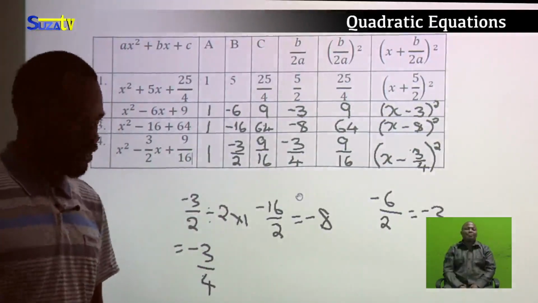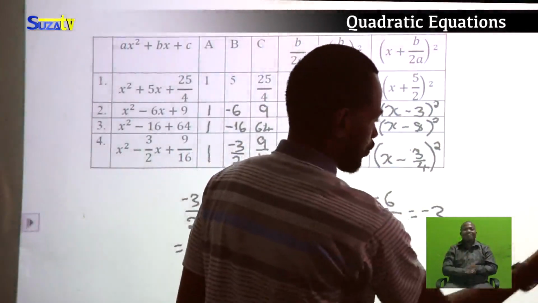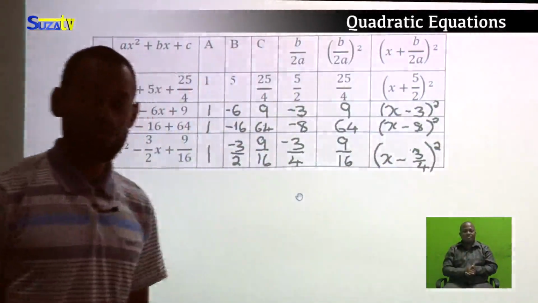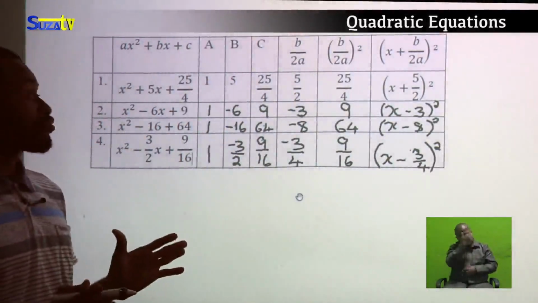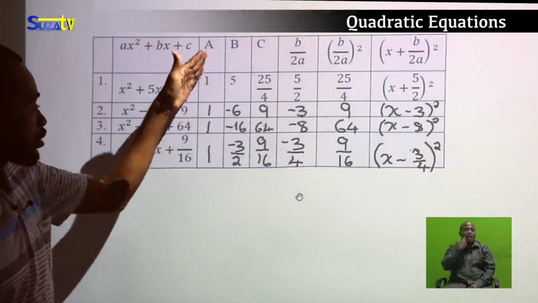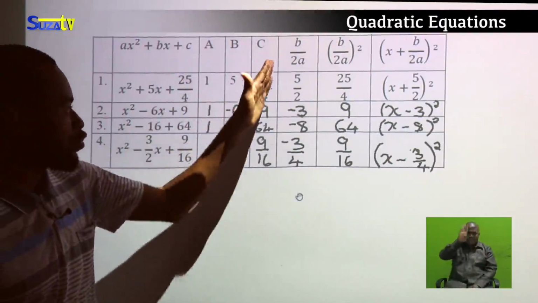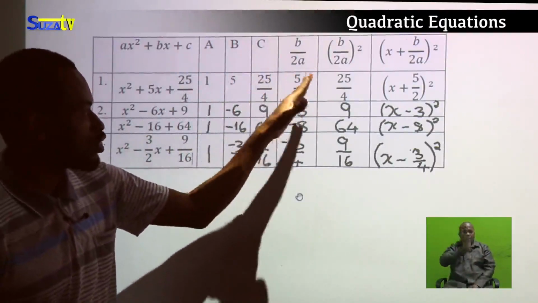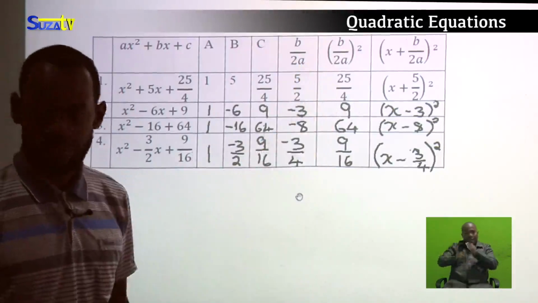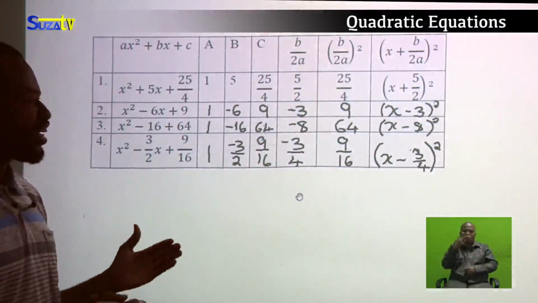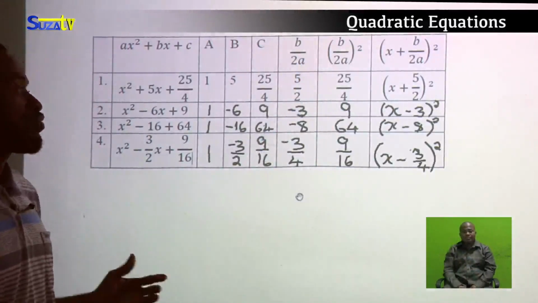Let's find persons here first. Who has seen any observation from the table? If you look at the values from a, b, c, b over 2a, b over 2a the whole thing squared, and the last expression x plus b over 2a, the whole thing squared, have you seen anything in relation? Anything that seems to have some kind of relationship?